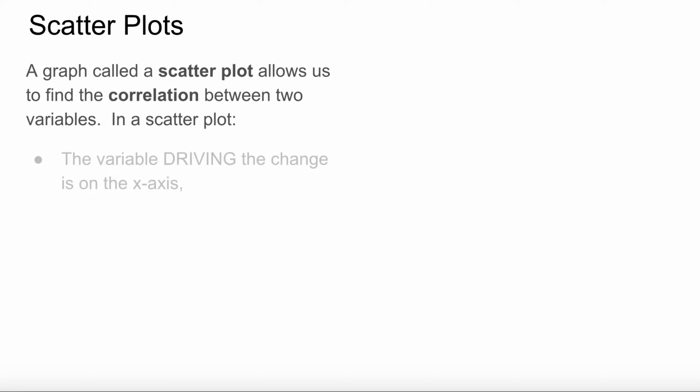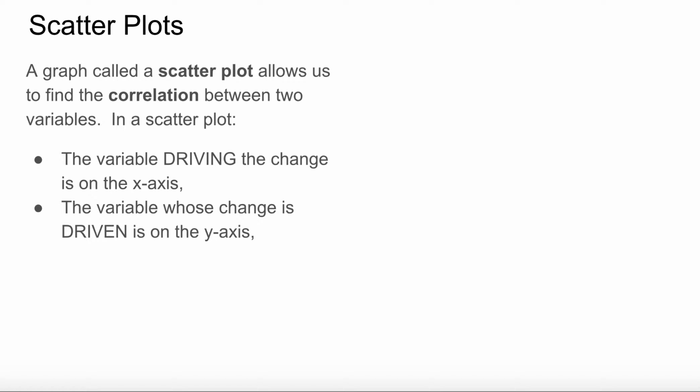So in a scatter plot, on our x-axis, our horizontal axis, we have the variable which we think is driving the change. We tend to think that changing one variable causes or drives change in another variable. So the variable that is driving the change is on the x-axis, and the variable whose change is driven is on the y or vertical axis.